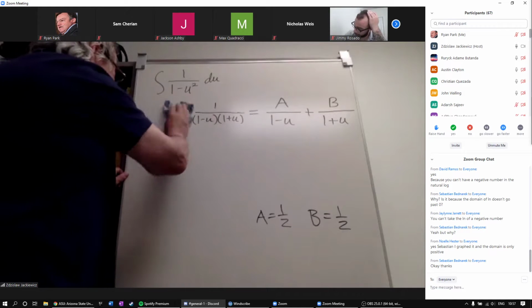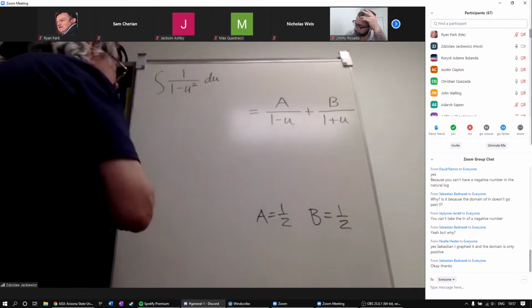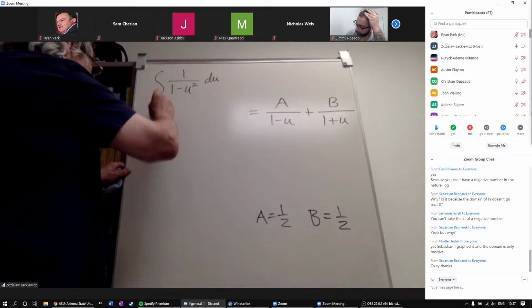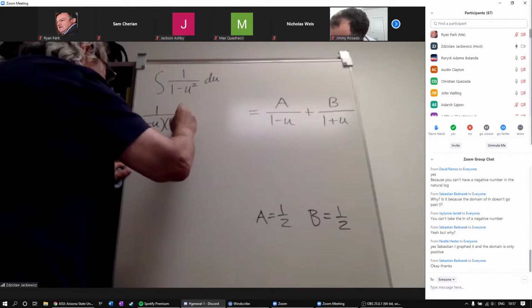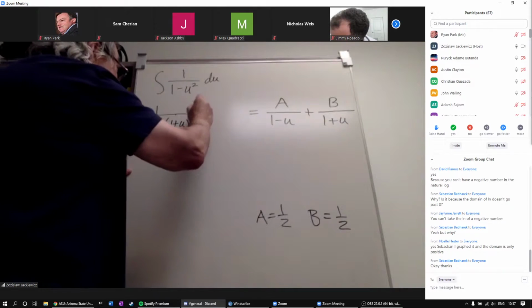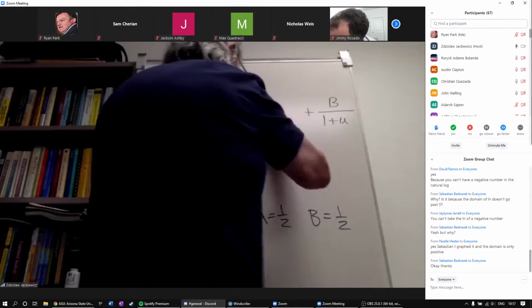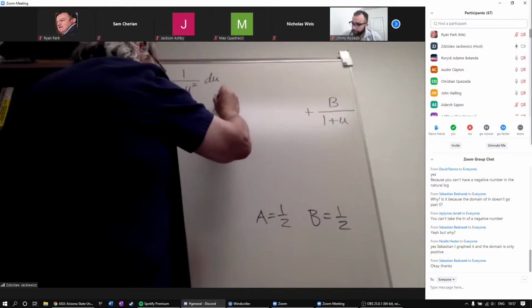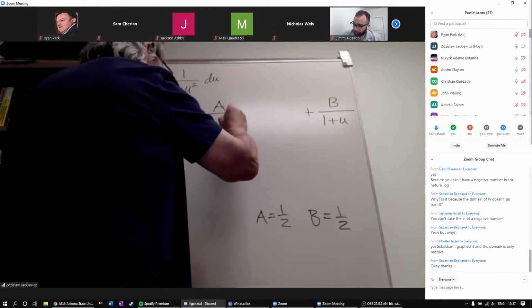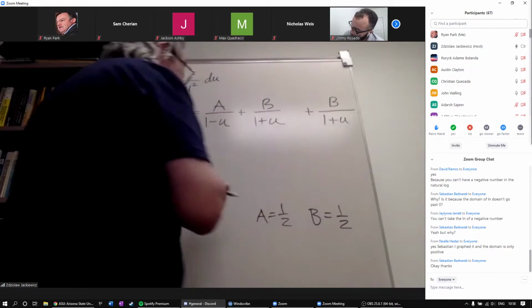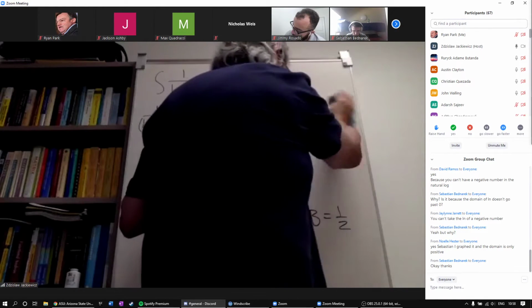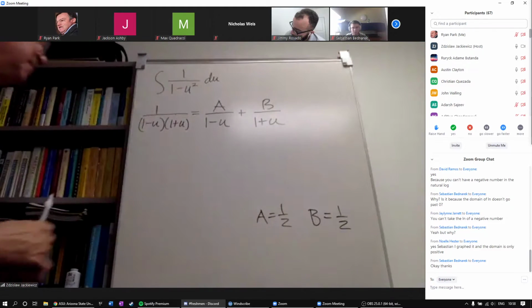So we are trying to figure out 1 over (1 minus u)(1 plus u) equal to a over (1 minus u) plus b over (1 plus u). I wrote it like this because I will need some space to explain things.